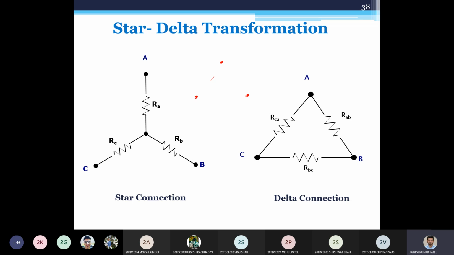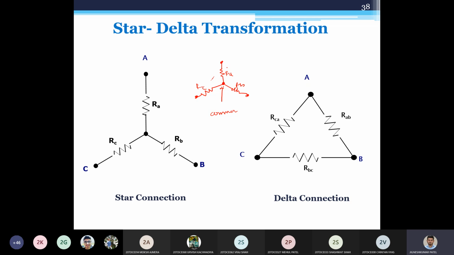First, let us take star. What will happen in star? I'll connect all three resistors with one common connection. This is my common connection between all these three resistors. Let us say this is RA, this is RB, and this is RC.